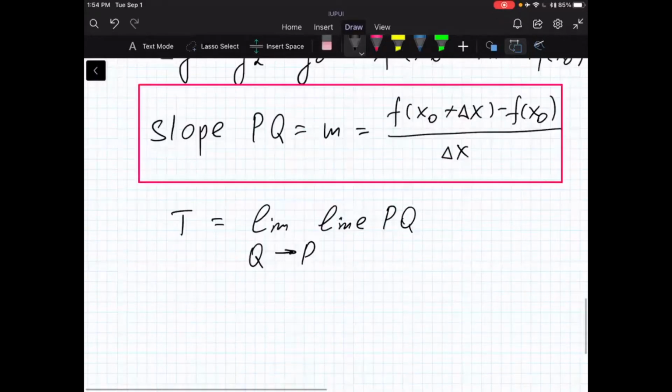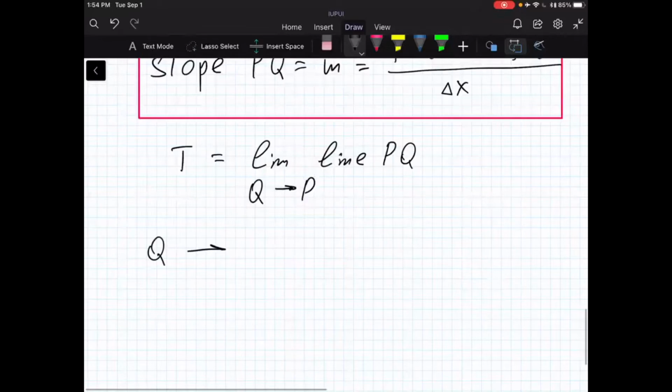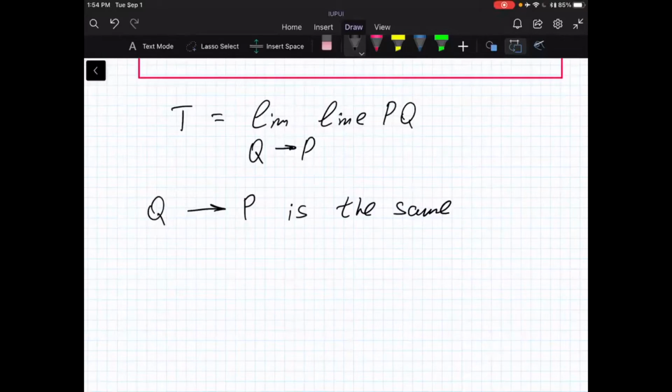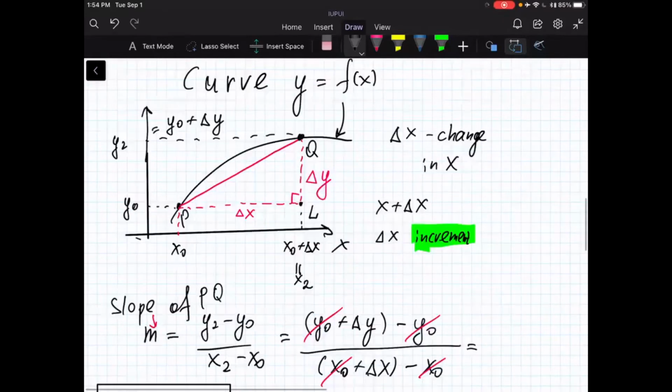So you can say that Q approaching P is the same as the coordinates of Q approaching the coordinates of P. So the coordinates of Q are x0 plus delta x and y0 plus delta y, and they approach the coordinates of P, which is x0 and y0.